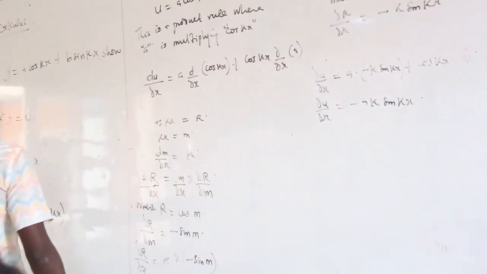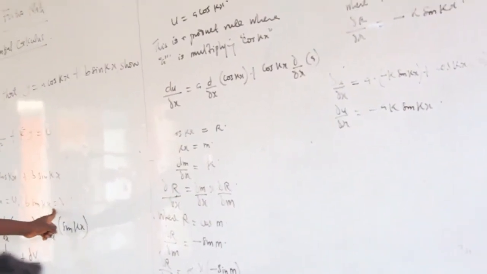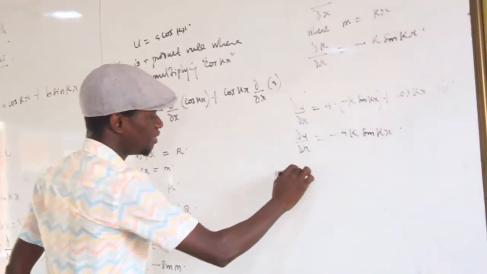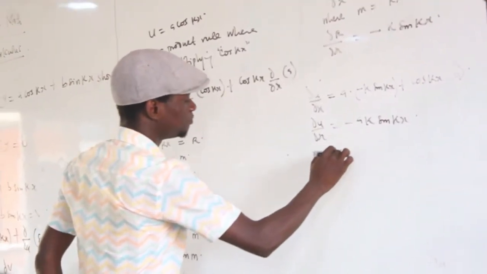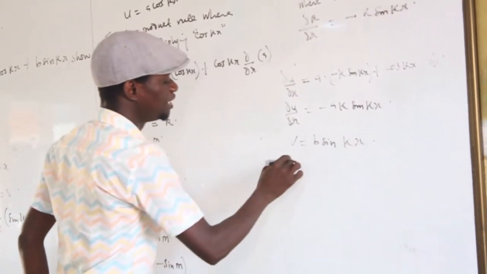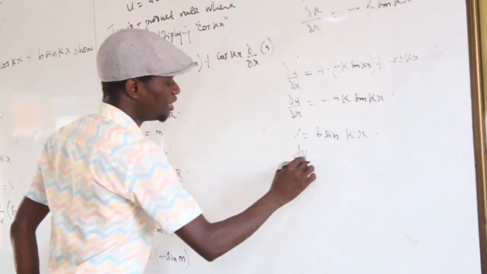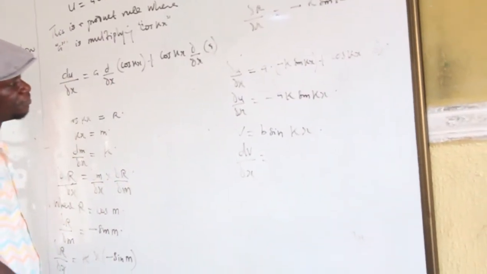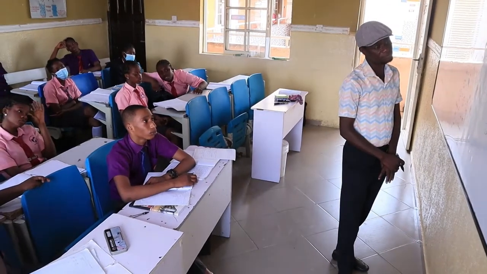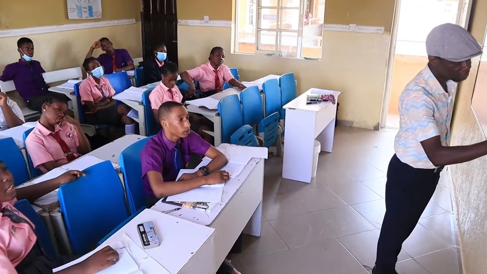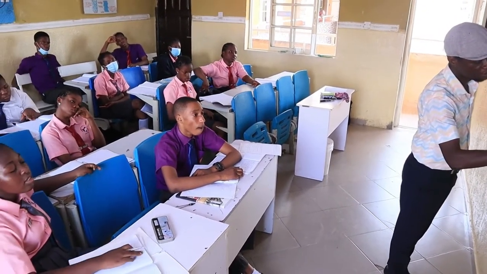Now we can come here to differentiate our v. If we say v is equal to b sin kx, what will we get using this theory? dv/dx. What will it be? It's not minus, because when you differentiate sin kx, it's going to be bk cos kx.